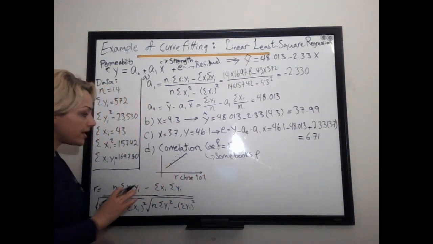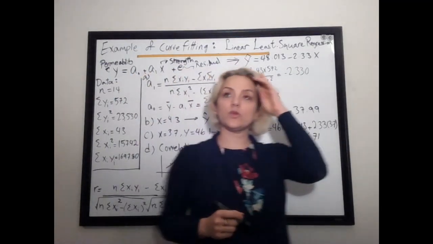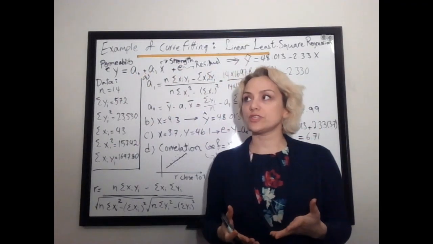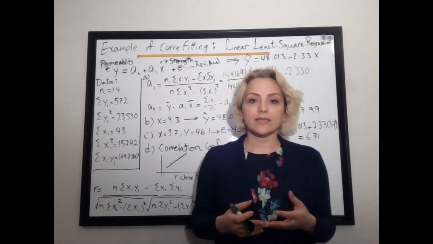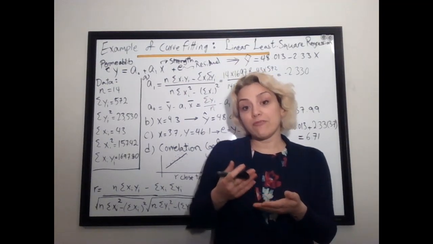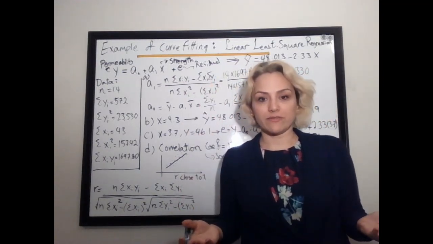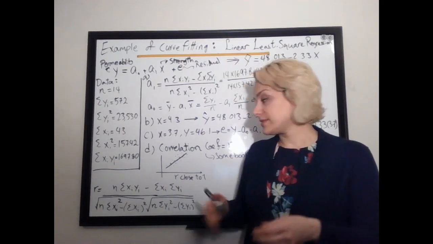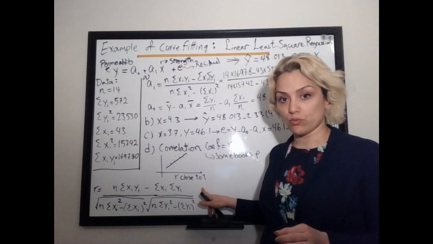So they are highly correlated. For example, take the oil price and airplane ticket prices. If the oil price goes up, the airplane ticket price is going to go up as well. So they are correlated in the positive way, and R is close to 1.